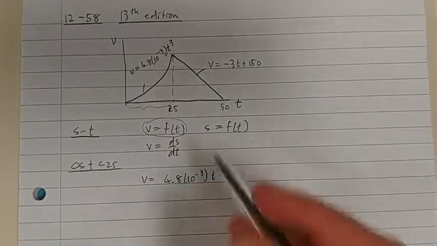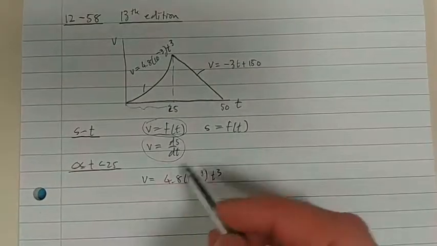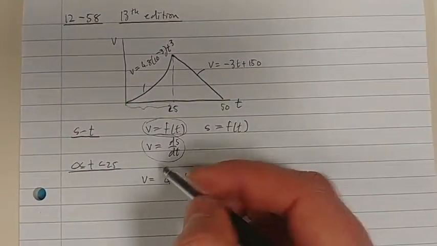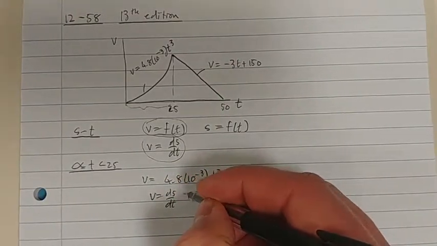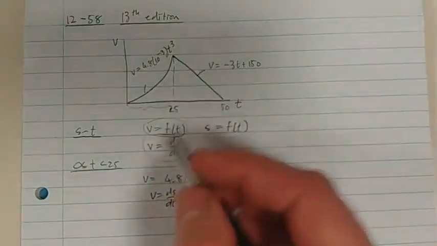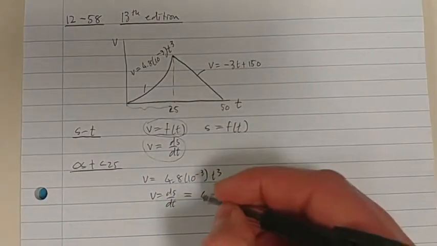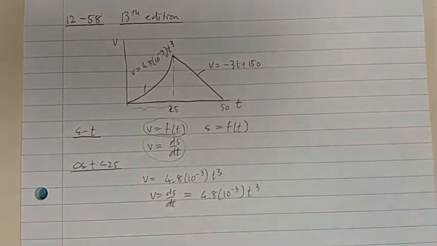Then we know we're looking for our position as a function of time. So v is ds/dt, and what is v equal to during this time period? It's equal to exactly this, 4.8 times 10 to the minus 3 t cubed.